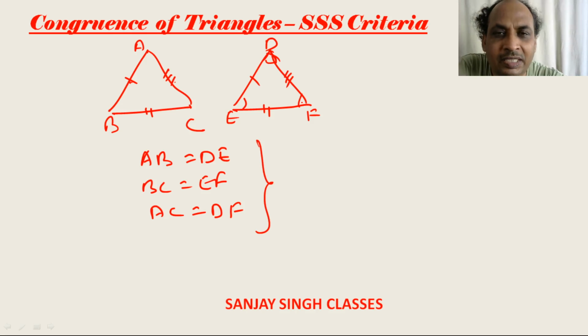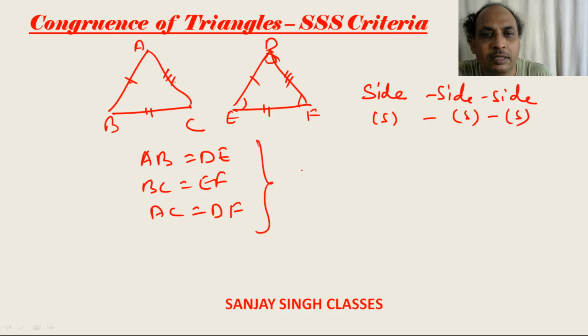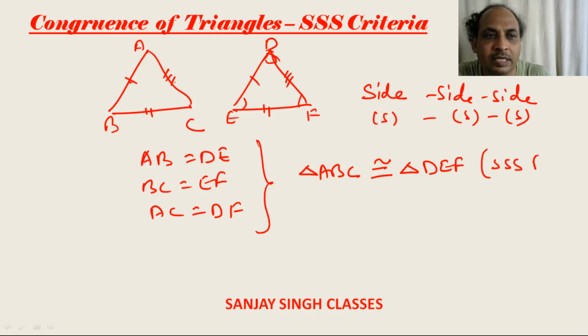So that's why when we have all the corresponding sides equal, then triangle ABC is congruent to triangle DEF, and the rule will be SSS rule.